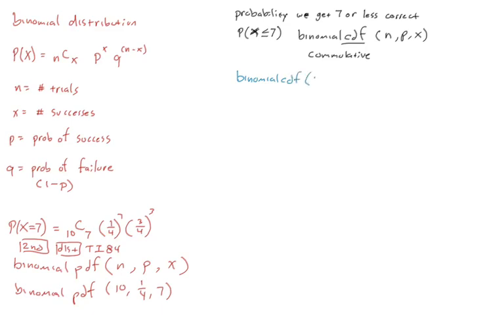On our calculator, it will look like binomial CDF of 10, 1/4, 7. Now, the number correct could be 0, 1, 2, 3, 4, all the way up to 10. What we wanted in this case was 7 or less, so all of these values over here. Now, if I use a CDF, since it's cumulative, it's going to do the case for x equal to 7, x equal to 6, 5, 4, 3, all the way downwards, is how it works.